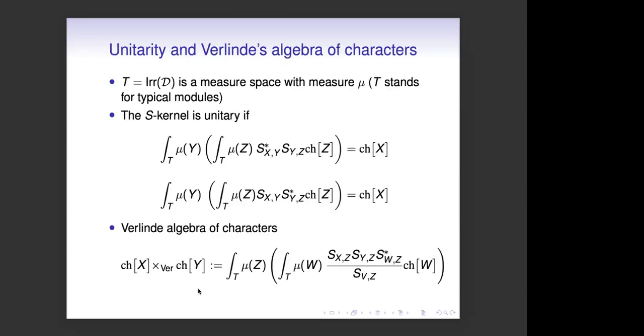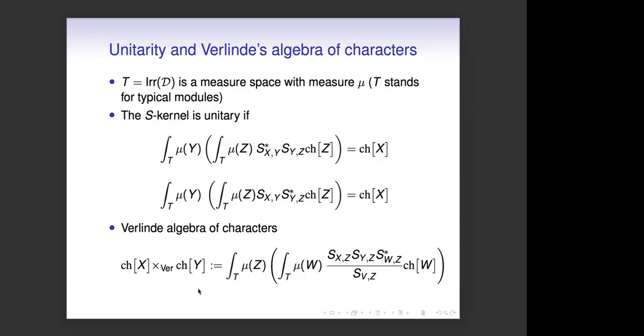And now because you want to have an integral formula, you of course need to be able to integrate. So that means the set of irreducible D modules is a space, and that should have a certain measure so that you can integrate your S-kernel entries against suitable test functions, and the suitable test functions are, of course, the characters.